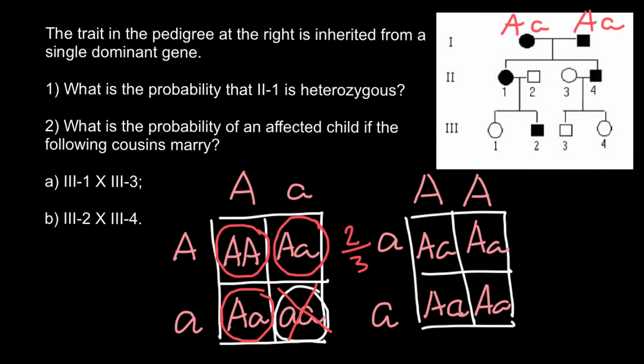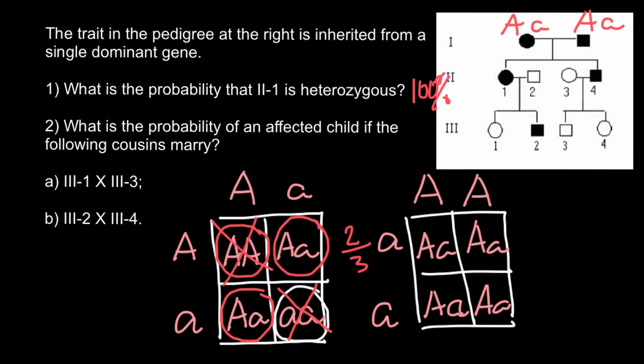And we see here that 50% of the progeny, or at least one person, is not affected. That means that this person, we can be 100% sure, is heterozygous. So the answer would be 100% that this person is heterozygous, because we also excluded this variant.